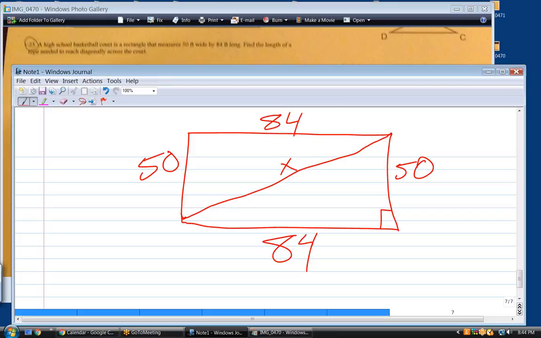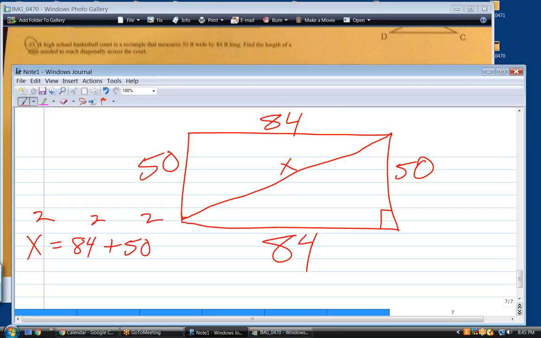It's another thing you want to be really good at in geometry, is solving right triangles. Would it be 84 squared plus 50 squared equals x squared? In other words, the Pythagorean Theorem says the hypotenuse squared is equal to the sum of the sides squared.